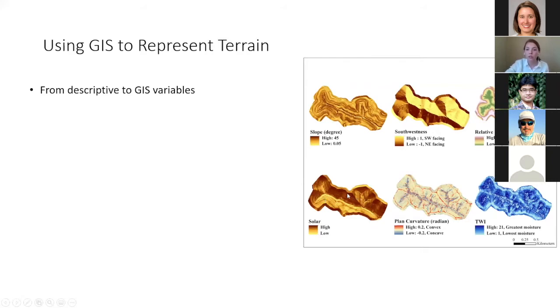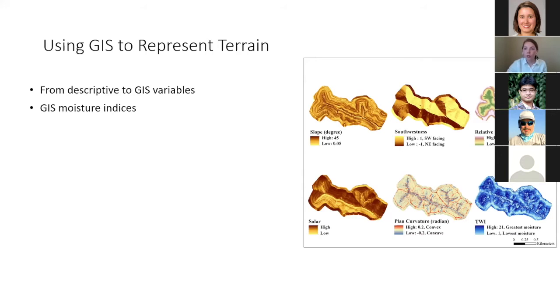So this southwest facing aspect is receiving much more solar radiation. We then have plane curvature, which indicates whether the site is convex or concave. And lastly, I have put the topographic wetness index, which is a relative moisture index. So areas of dark blue indicate you're likely to experience more moisture on that site compared to a lighter blue.